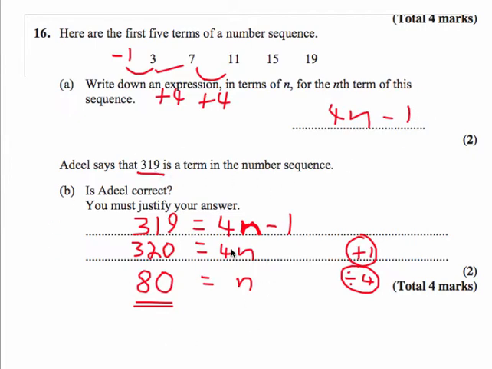If this were to give a fraction, so not a whole number, then we would know that he is not correct. But in this case, yes, he is correct, because we get n to be a whole number. So again, put down the number that they've given you equal to the expression, solve it as a linear equation, and see if you get a whole number as your answer. And that is our 5 minutes up.